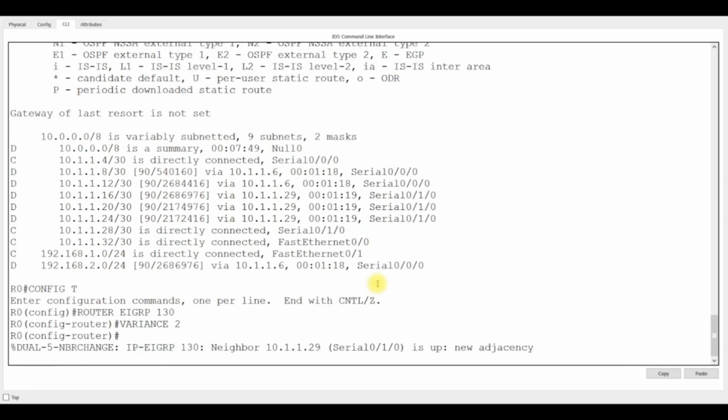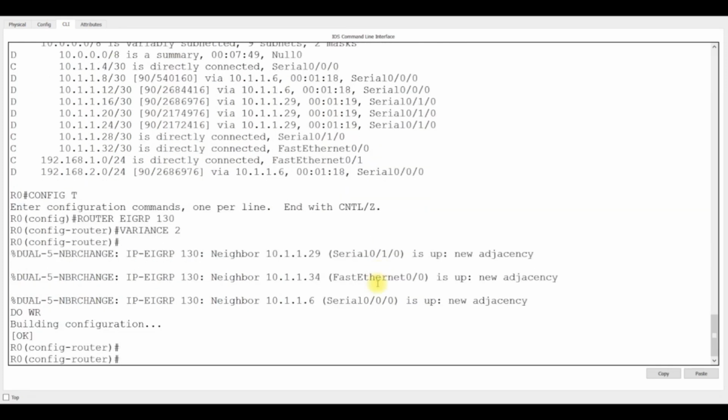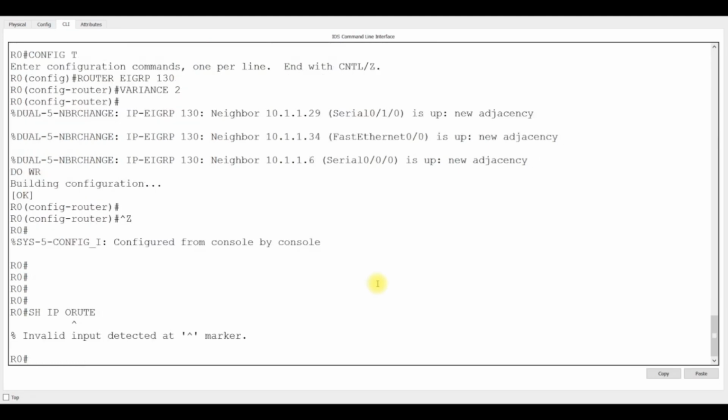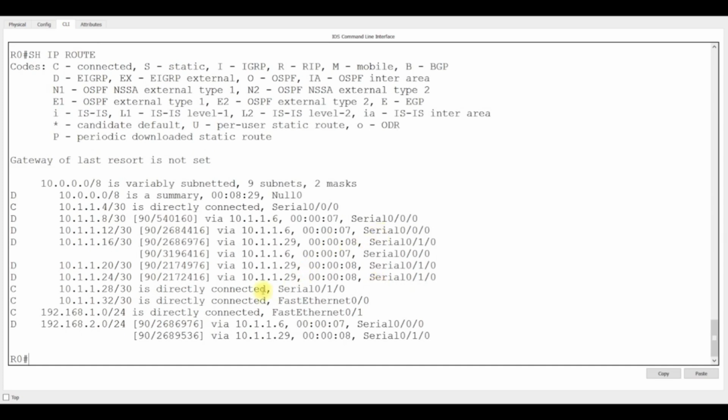Okay? And you can see you start making new adjacencies. Do WR. And if we were to look at the routing table now, show IP route, okay. Now we're load balancing between both serial interfaces, and you can see that one feasible distance is lower, right? Let's say 26895, and then the other, so it's also going to choose that route as well, okay? Because we're dealing with the bandwidth, right?